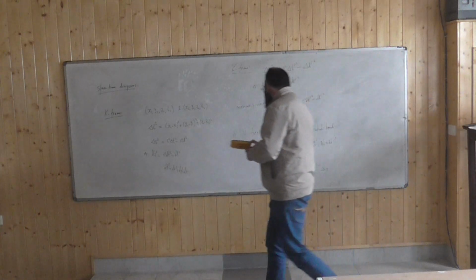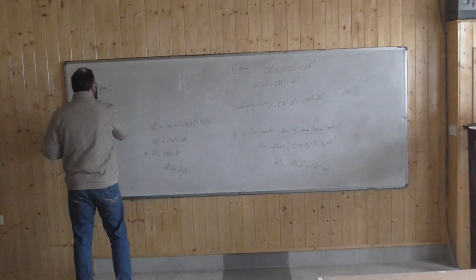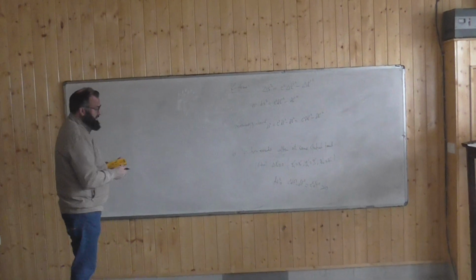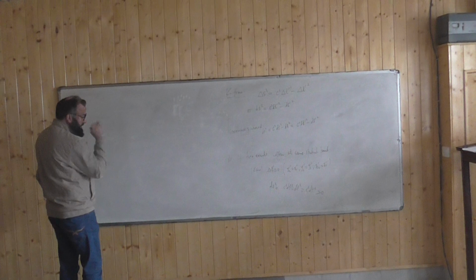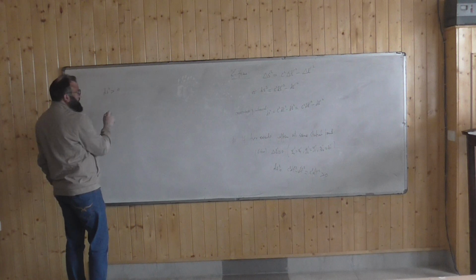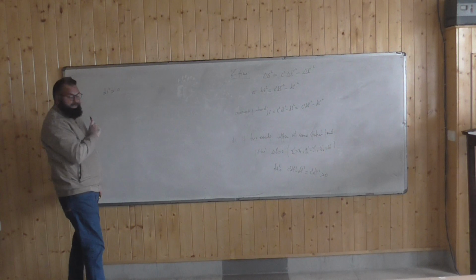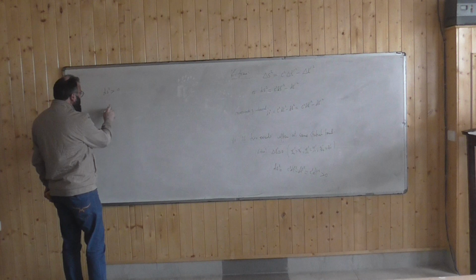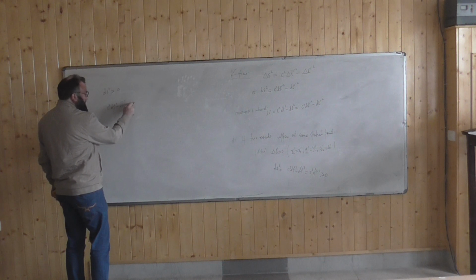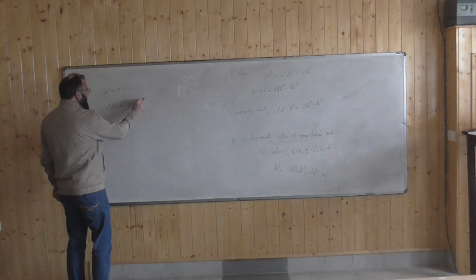Okay, so let's write it. Let's rearrange this term. So this is the condition we have arrived at. It implies c square dt square minus dl square is equal to c square dt prime square.